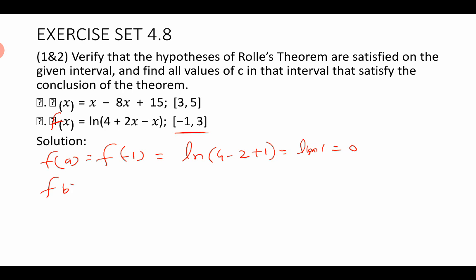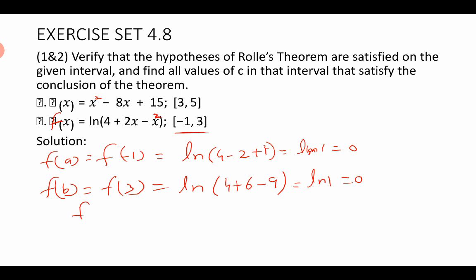F of b, upper limit, f of 3: ln of 4 plus 2 into 3, 6, minus, oh I'm sorry, this is x squared, the square is not shown. 1 squared is 1, and 3 squared is 9, so 10 minus 9, again it is ln 1, which is 0. So f of a equals f of b, and the conditions of Rolle's theorem have been satisfied.